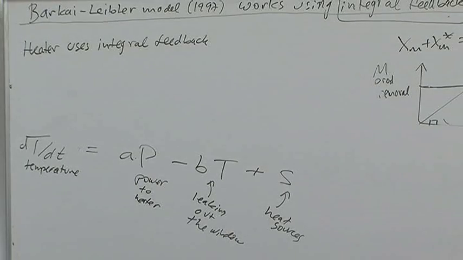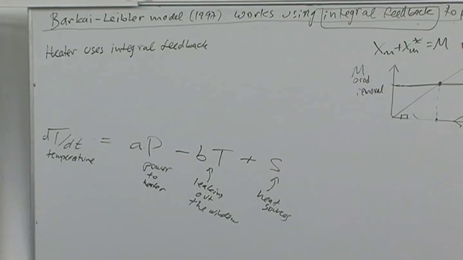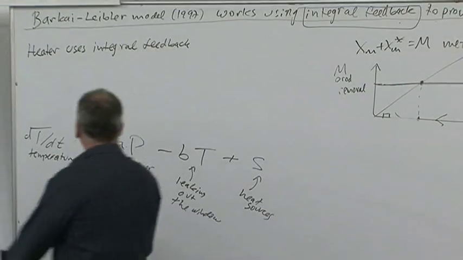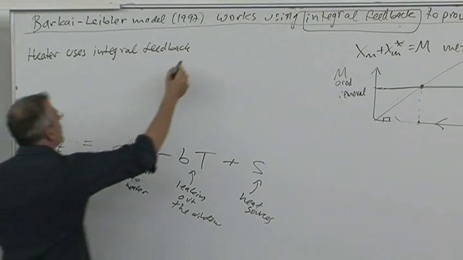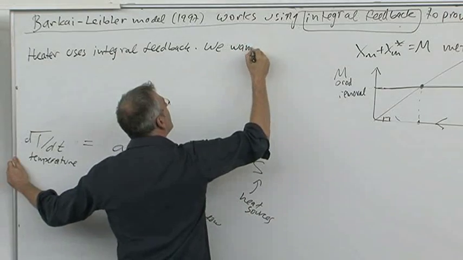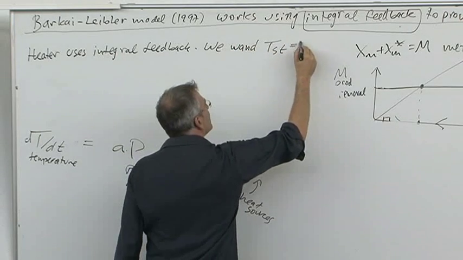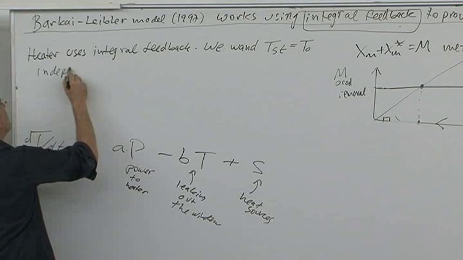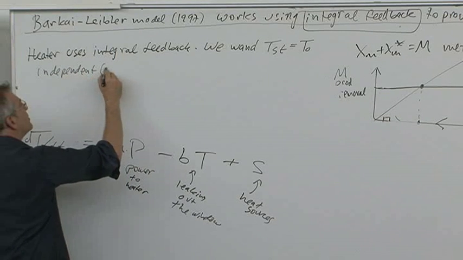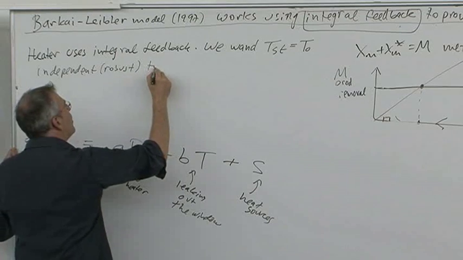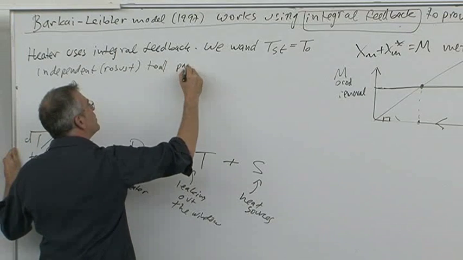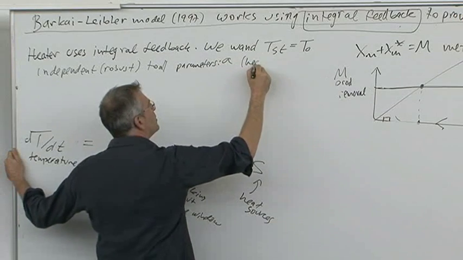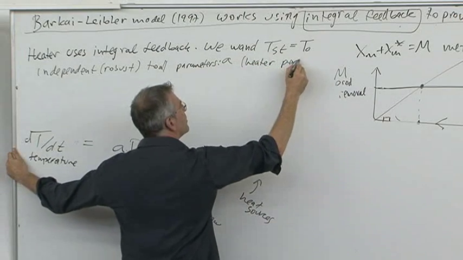But we want to get the temperature to the desired steady state. So we want the T steady state to be something that we set, independent, robust, to all parameters. A, which is how good the heater performance is.